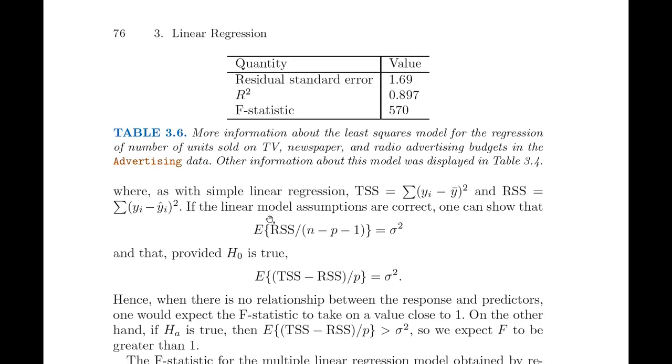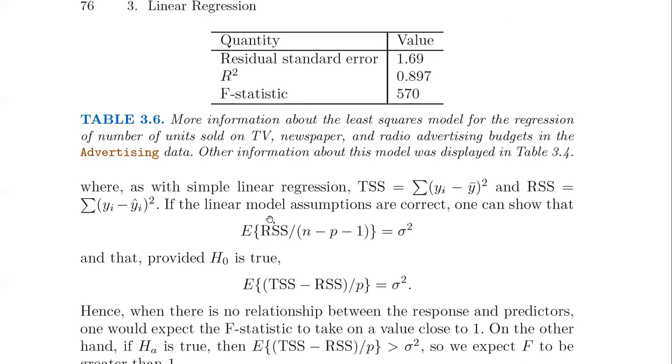Okay, so first of all, table 3.6 has more information about the least squares model for the regression of the number of units sold on TV, newspaper, and radio advertising budgets in the advertising data.